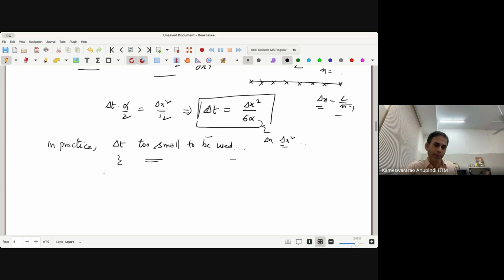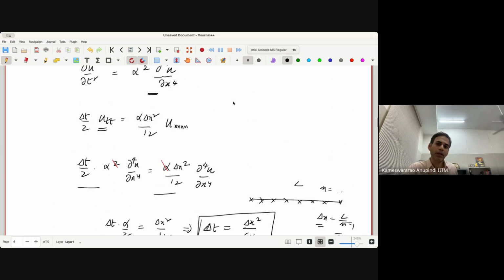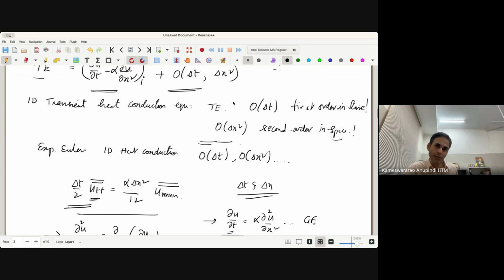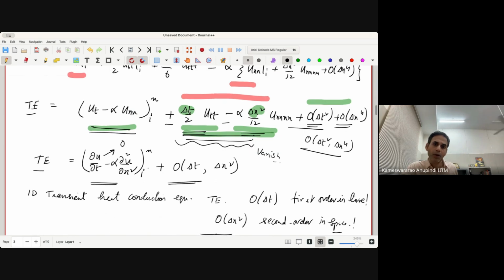Okay, now let us comment on the consistency of explicit Euler method. So if you see, our truncation errors are of this fashion, that is delta t by 2 utt minus alpha delta x squared by 12 uxx, right? That's what we have.